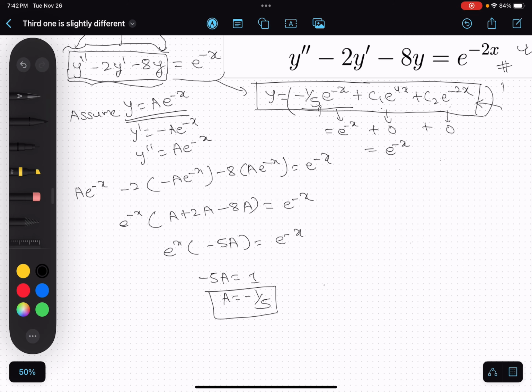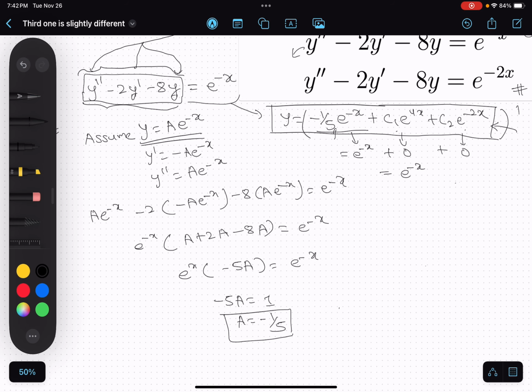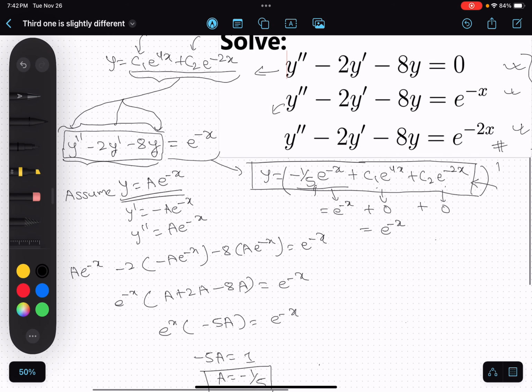Please don't forget that. If you have such an expression, there's a term for these things. This thing over here is called a particular solution, which is basically found from the given expression itself, and this is called the complementary solution, which is basically found out by putting 0 over here in the right hand side.